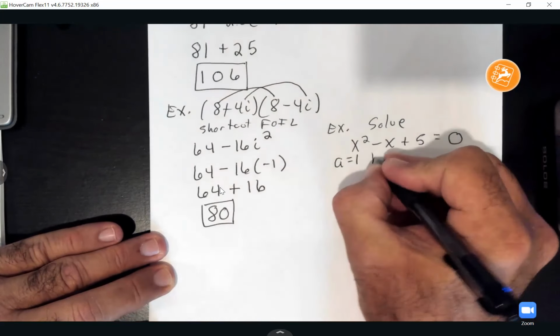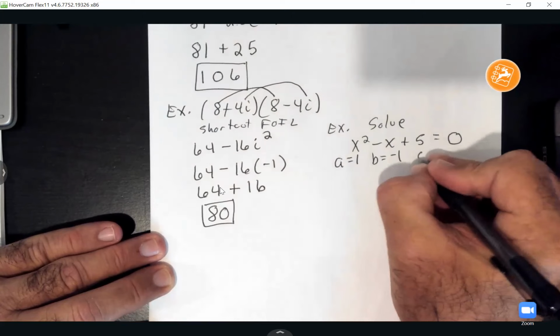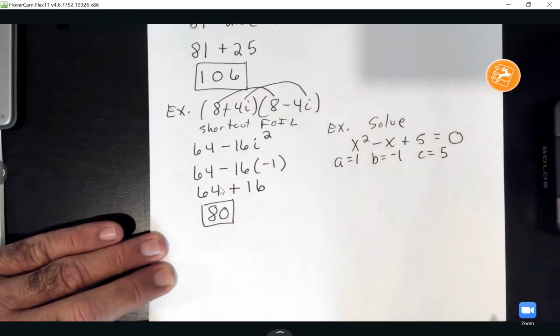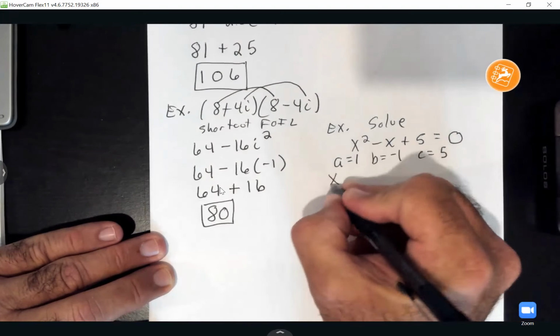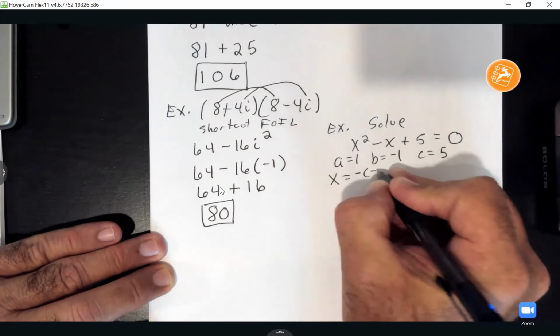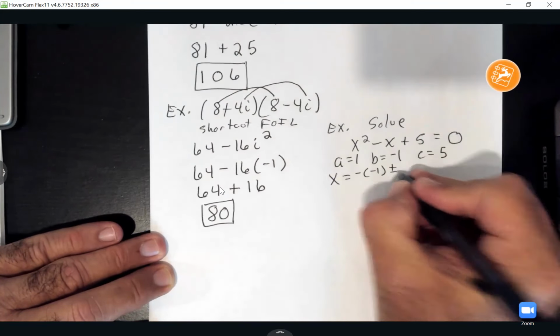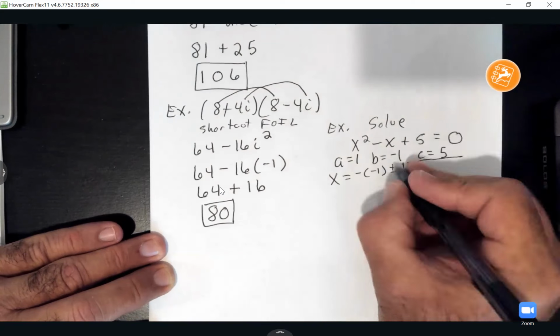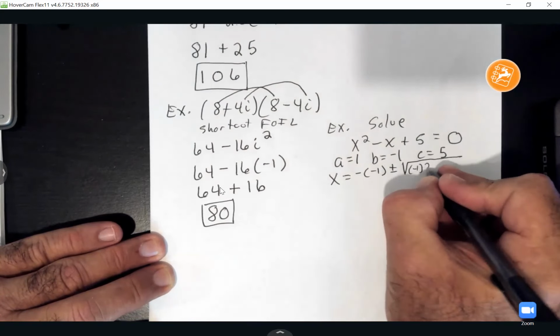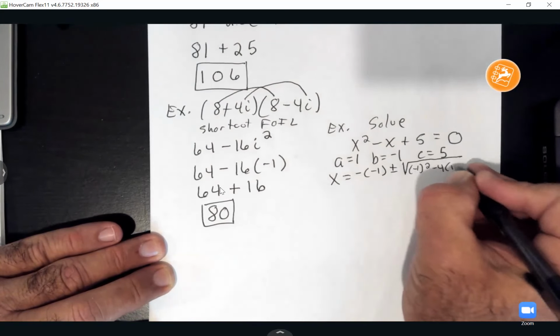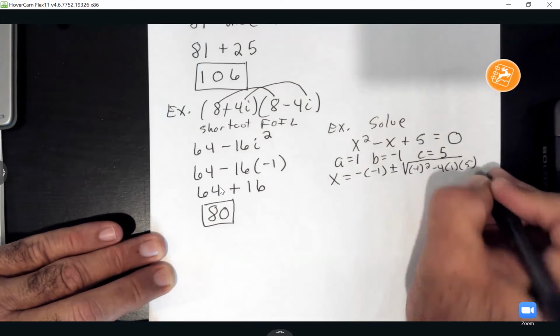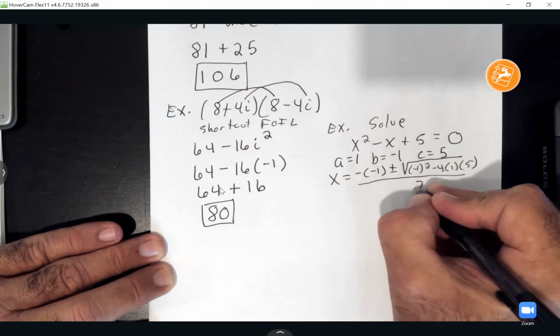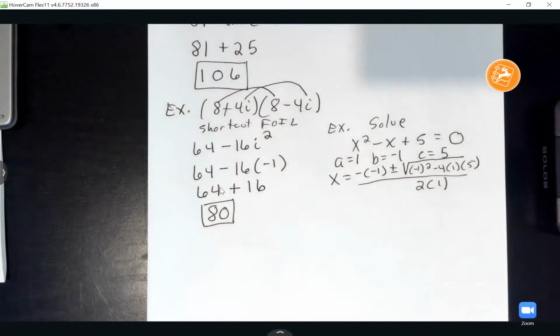So A is 1, B is negative 1, and C was 5. So we got x equals negative b, which is negative 1, plus or minus the square root of negative 1 squared minus 4 times 1 times 5, all over 2 times my a, which was 1.